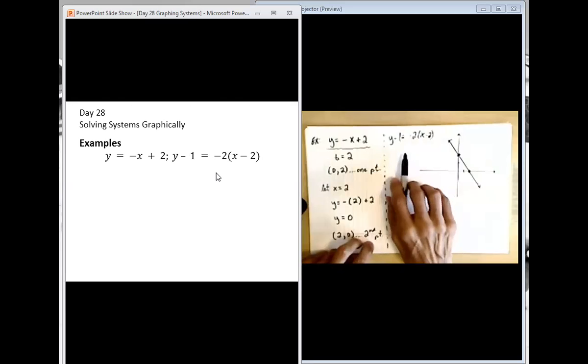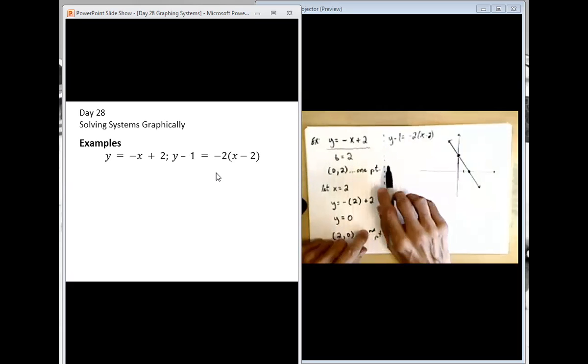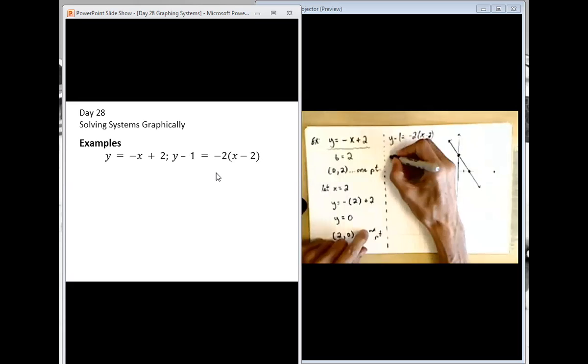Point-slope. Where do you think it gets that name from? From the slope, yeah. What's the point? What point is in here then? What's the point that this line is going through?